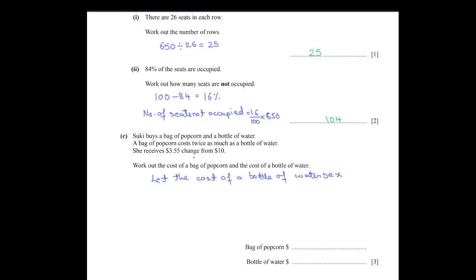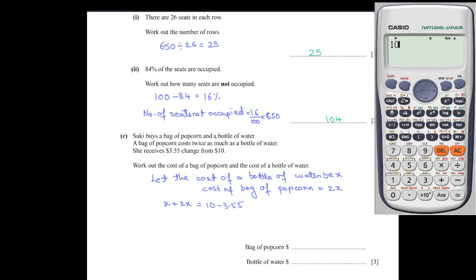So if this is x, the cost of a bag of popcorn will be twice, that is 2x. So x plus 2x will be the cost: after giving $10 she got $3.55 back, so 10 minus 3.55.